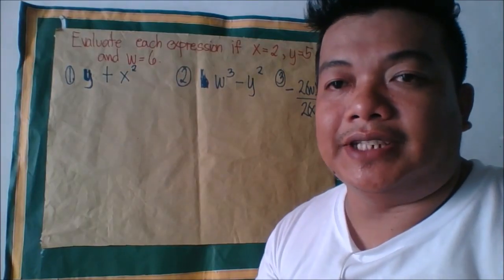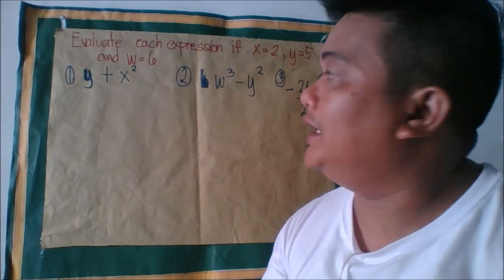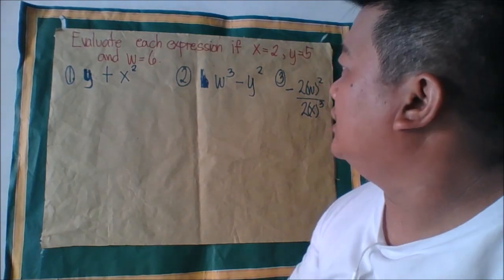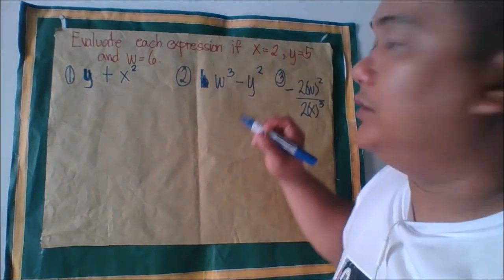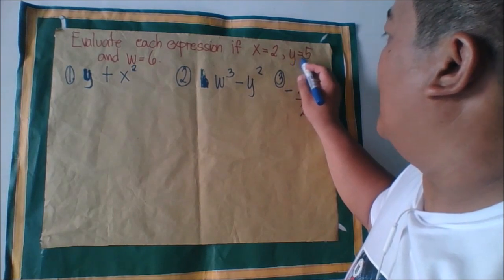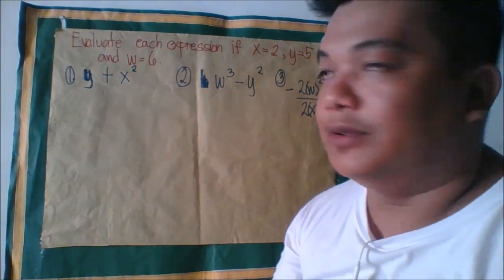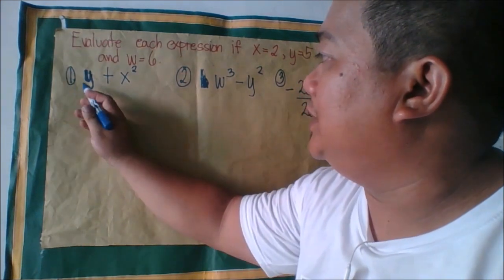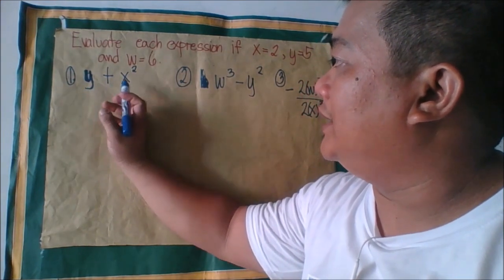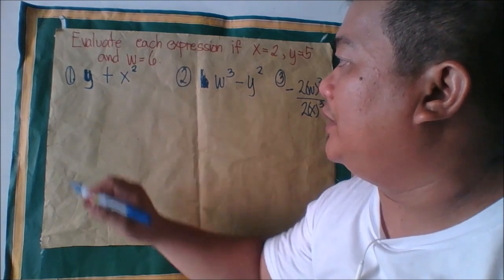Okay, this time we are going to evaluate each expression. So if x is equal to 2, y is equal to 5, and w is equal to 6. The first expression is y plus x to the power of 2.